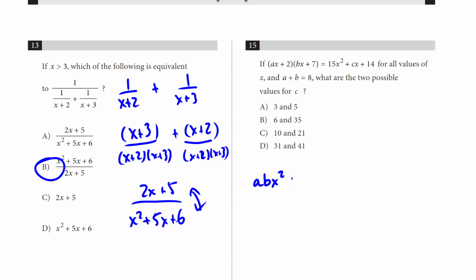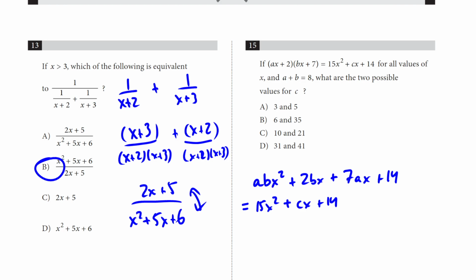We'll get abx squared plus 2ax, sorry, plus 2bx plus 7ax plus 14. And this is equal to 15x squared plus cx plus 14.